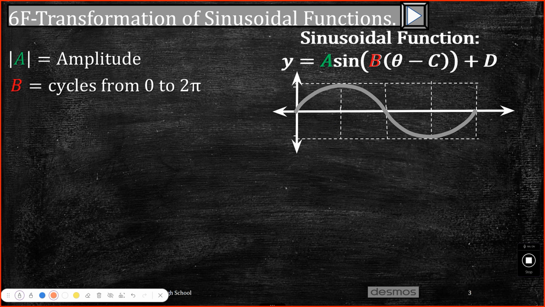And you should know what's going to happen with that C. Anybody care to guess and say it? What does the C do to the graph?